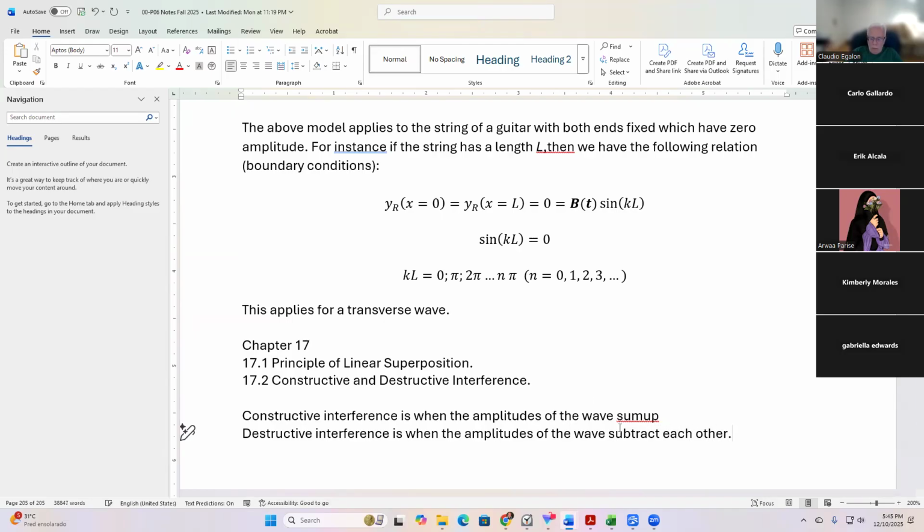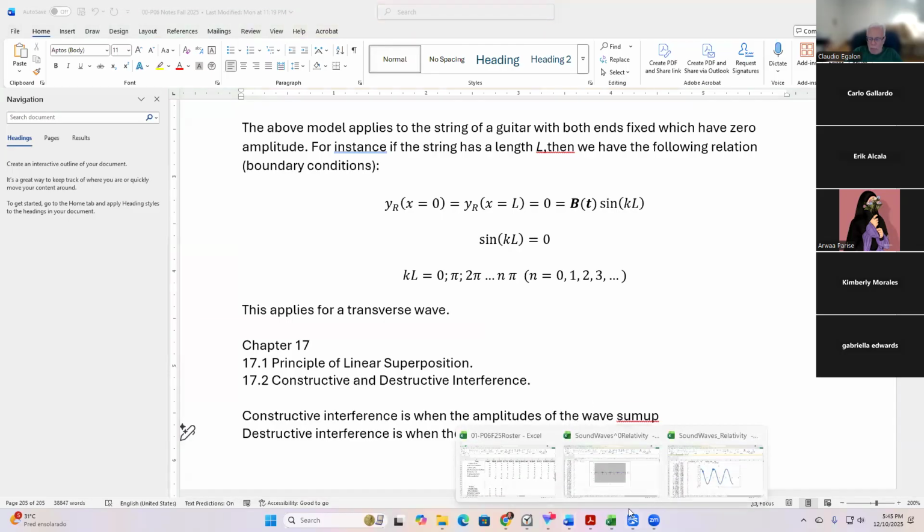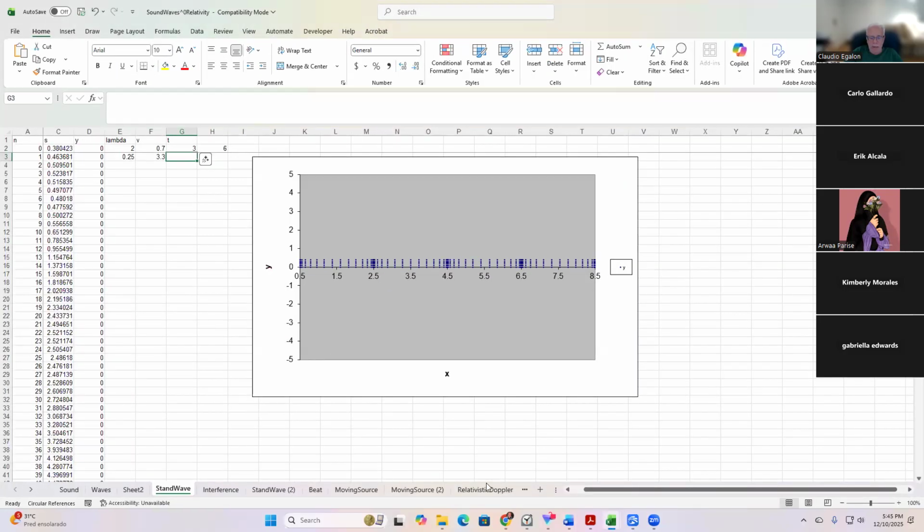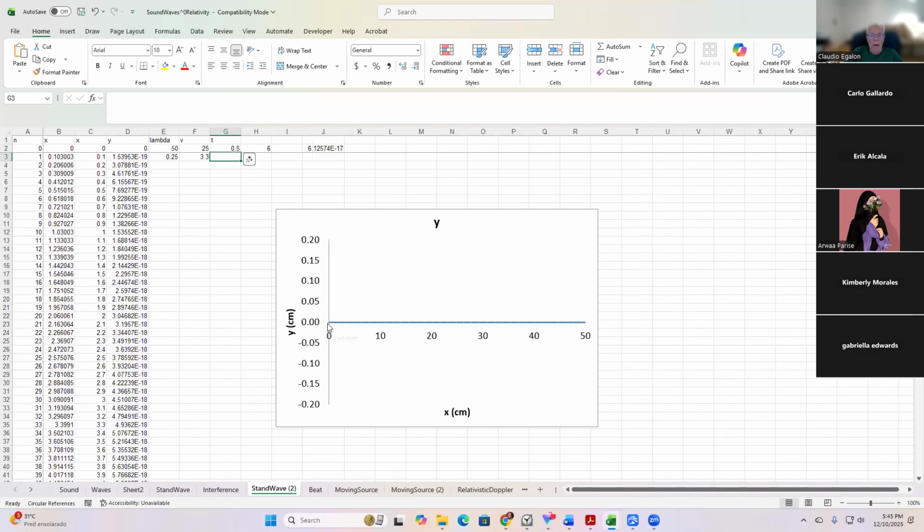I'm going to show you an example, and you saw an example, by the way. Right now you have here a destructive interference. The crest of one wave is interfering with the trough of the other wave. They are lined up and they are subtracting from each other.